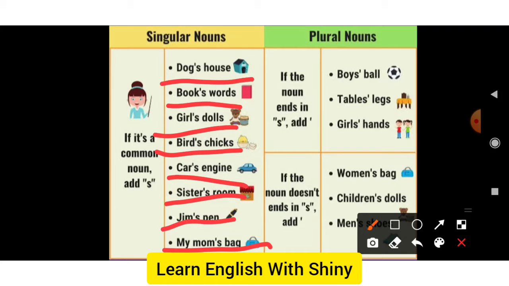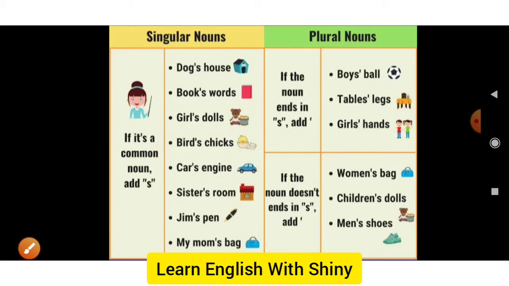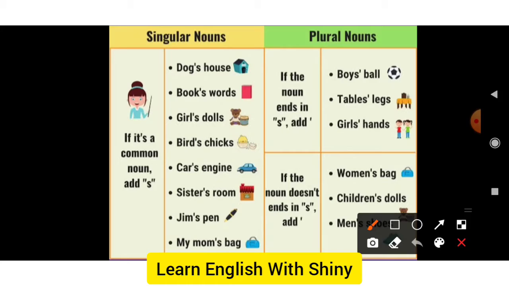Okay. Now let us see the case of plural nouns. When our noun is plural, we will use the plural noun and the single quote. For example, boys' ball. Here the single quote is after the s. When our plural noun ends with s, we will use the single quote after the s.